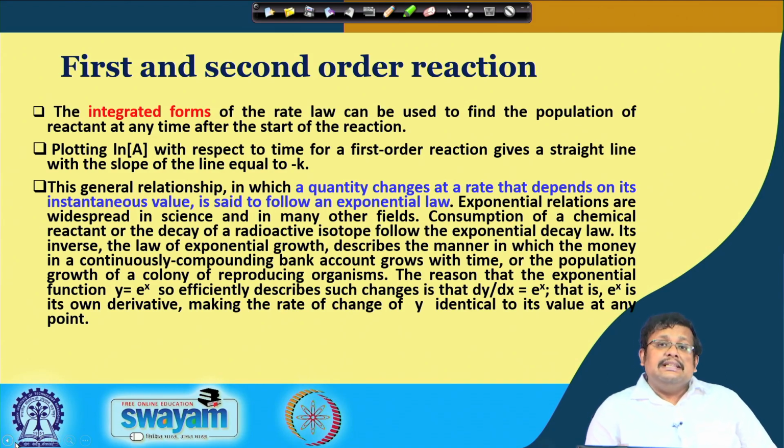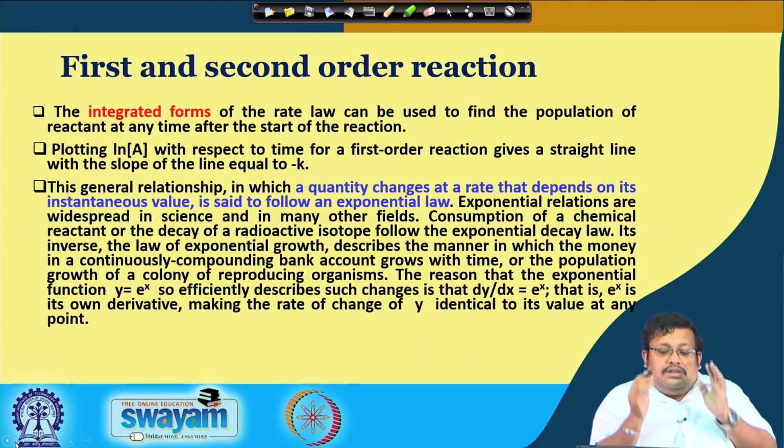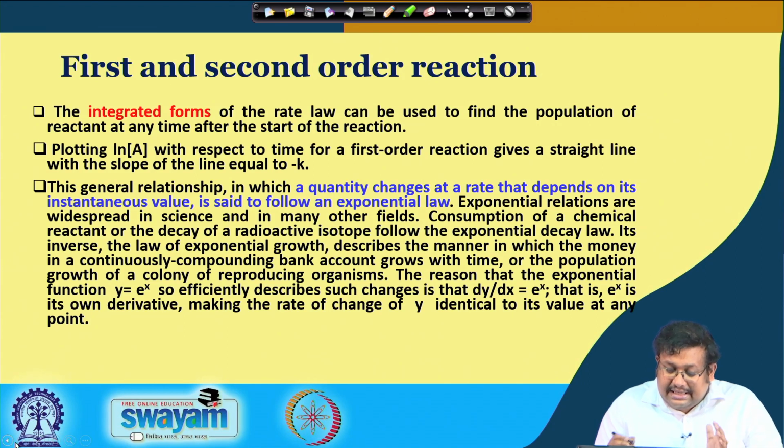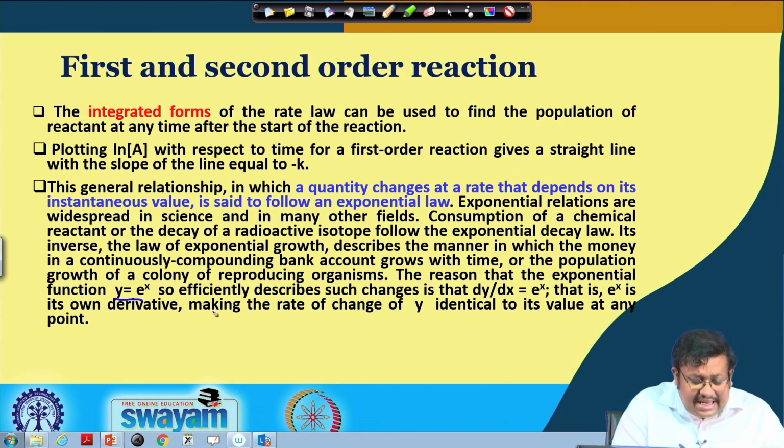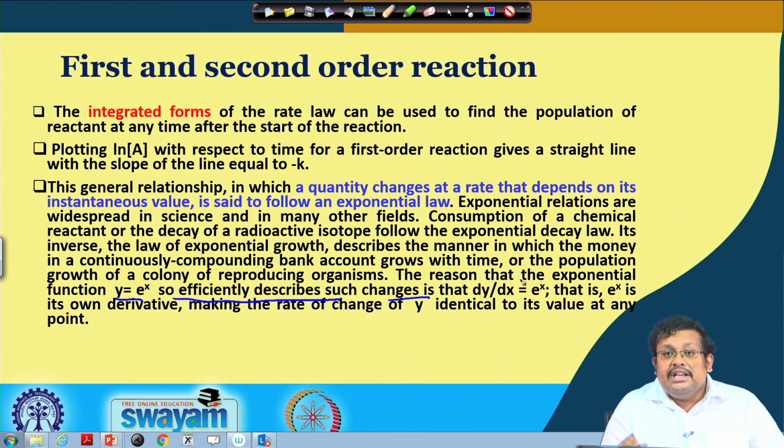The reason that the exponential function, that is y equal to e to the x, so efficiently describes such changes is that if you differentiate e to the power x, dy by dx, we will get the output e to the x.